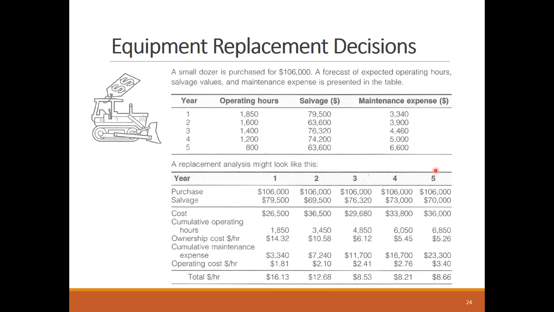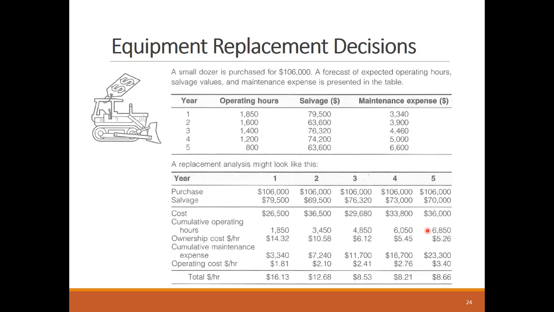Let's focus on the last scenario for using the equipment for 5 years. The depreciation cost is calculated as the difference between the purchase and the salvage values. Over the 5 years, the equipment will run for a total of 6,850 hours.